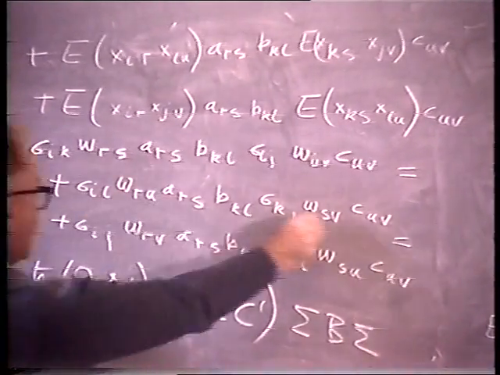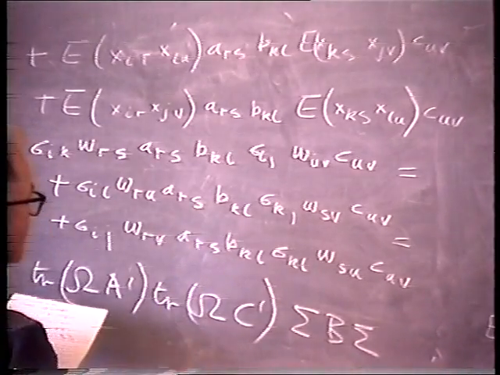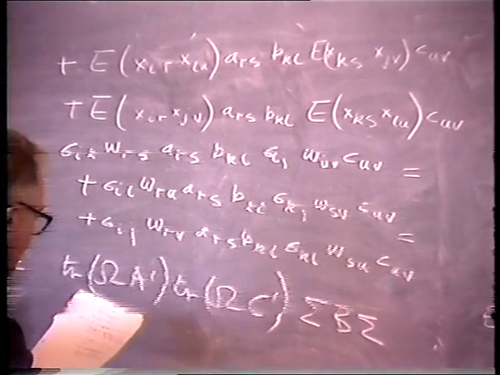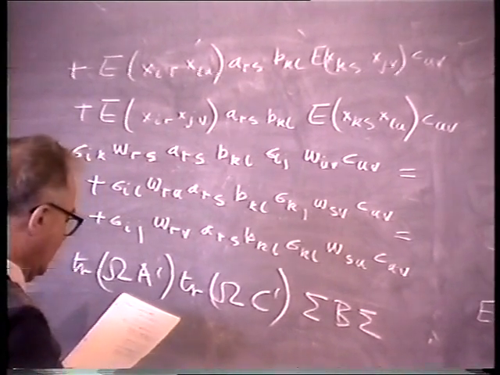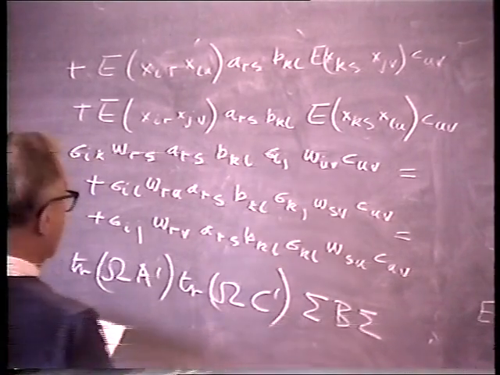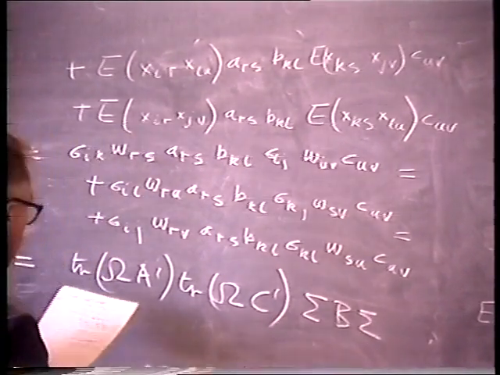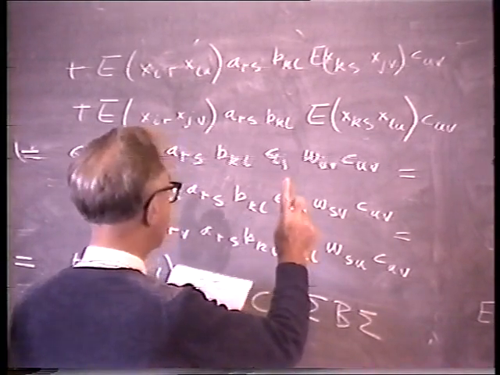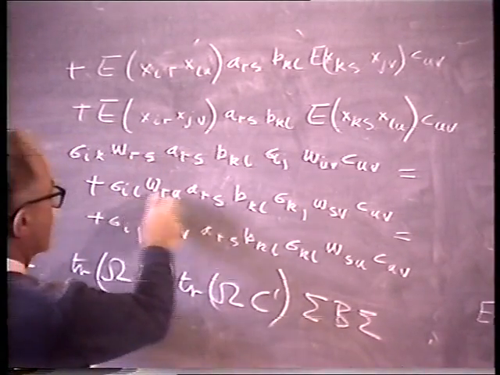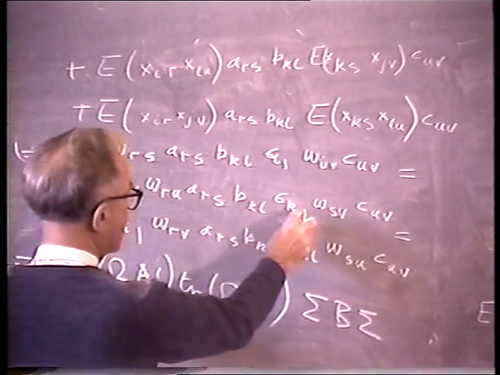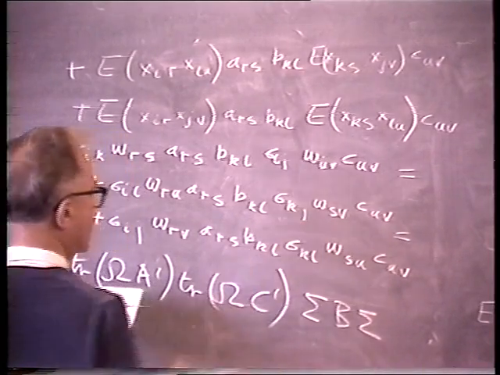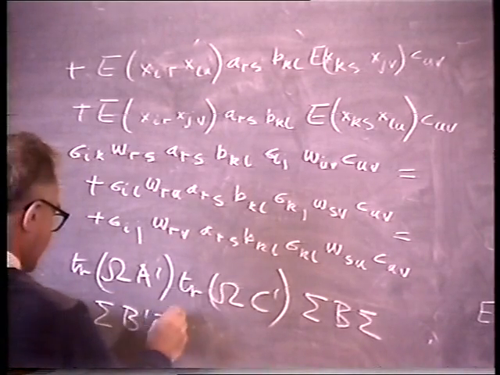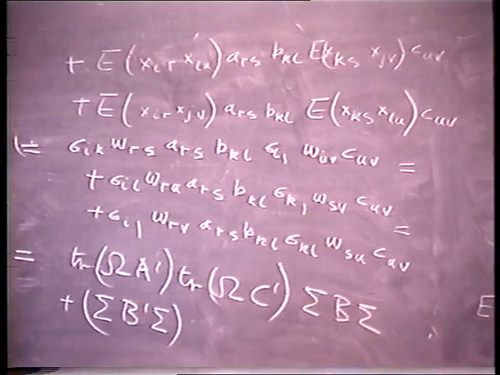Now, doing the same thing here, we have sigma IL sigma BKL sigma KJ, and that must mean that you've got sigma B primed sigma as, if you like, the matrix element there.